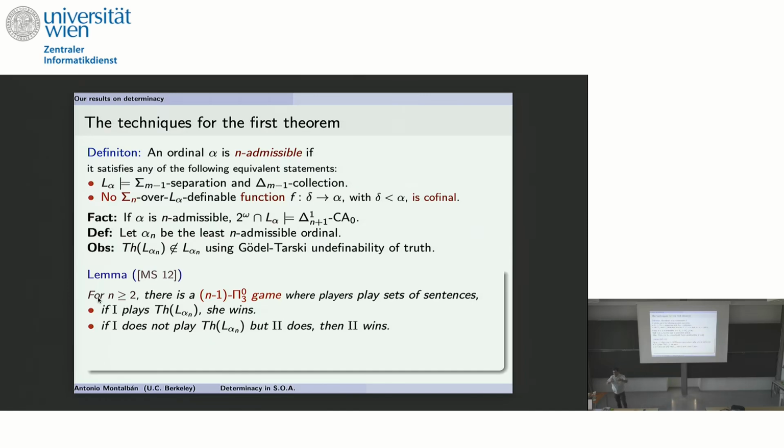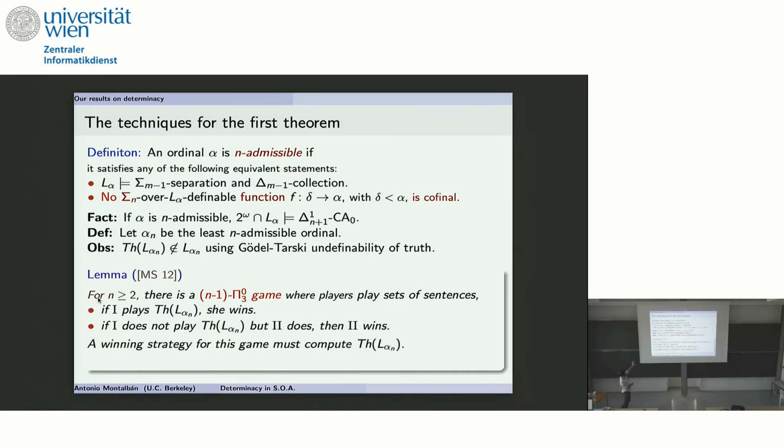I mean, a set is just a binary sequence, so you have a Gödel number for each sentence, and you just have to say yes or no for each number. So that if one plays the theory of L alpha n, she wins, and if she doesn't, but player 2 does, then player 2 wins. That's the one property that we need of the game.